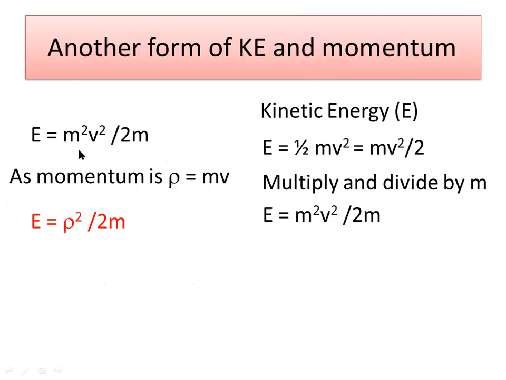This is the rho, and because these are squares, so this will be also a square. ठीक है? So I am just replacing now here with the rho. This is the momentum, and this is the kinetic energy.